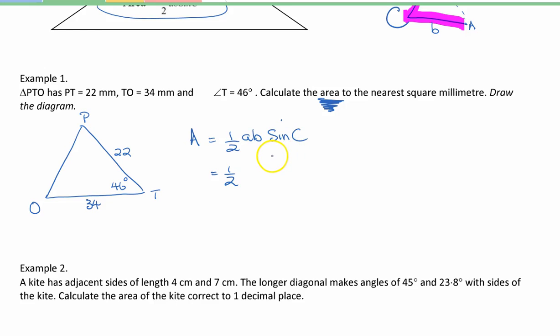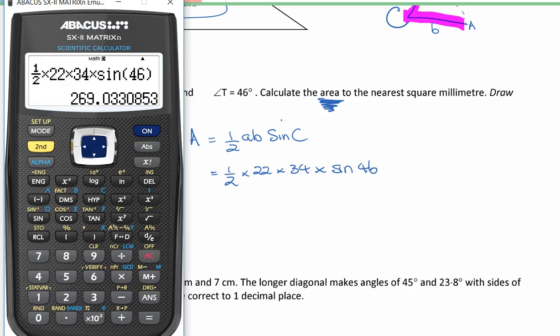Now you would write that in your key point. The area of a triangle is half the product, multiplying the two sides times the angle between them. So we've got a half times 20 times 34 times the sine of 46.